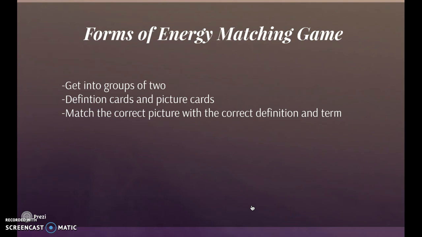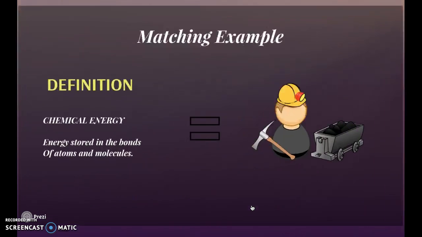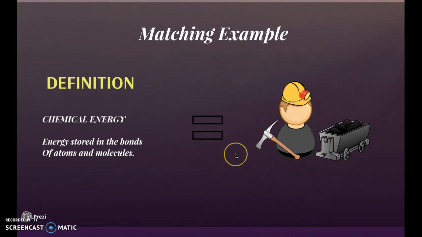Okay, guys, let's do one together before you do the rest. Okay, so here would be the example. Pretend this part is not here yet. All right, so let's do an example first. Okay, here's the definition. You're holding up the index card. You also could have it written on the board. Chemical energy: energy stored in the bonds of atoms and molecules.